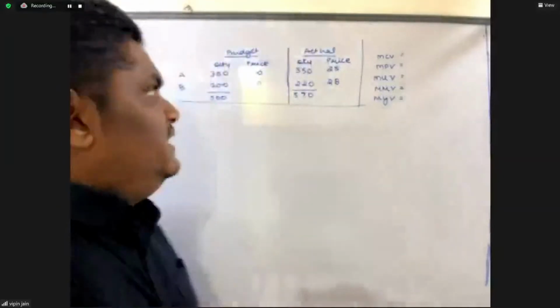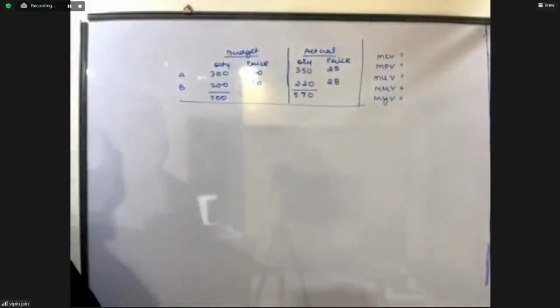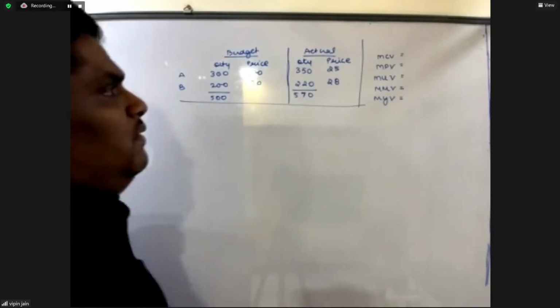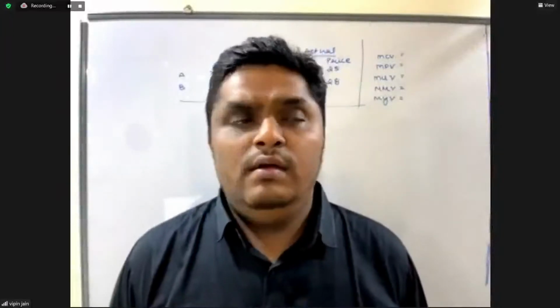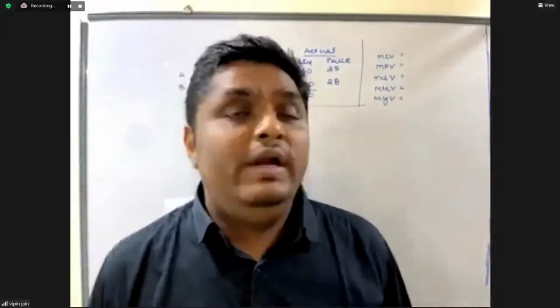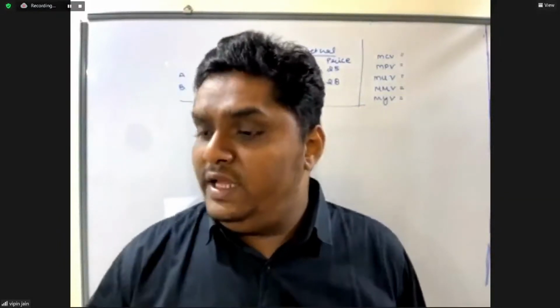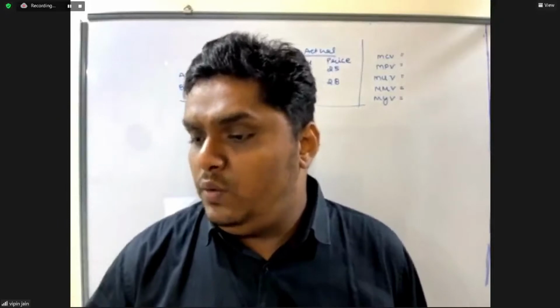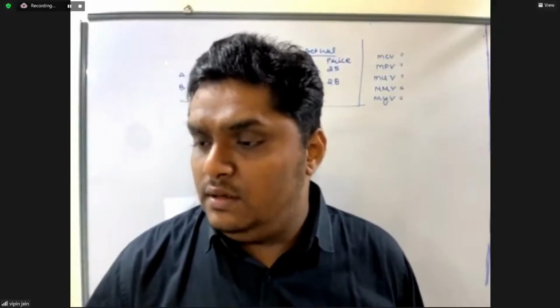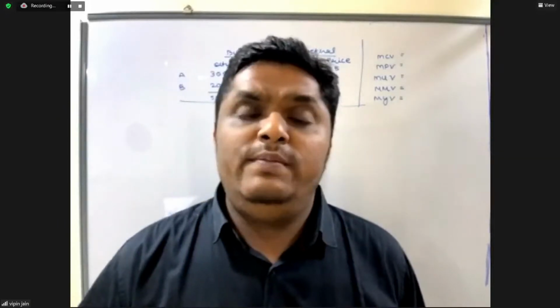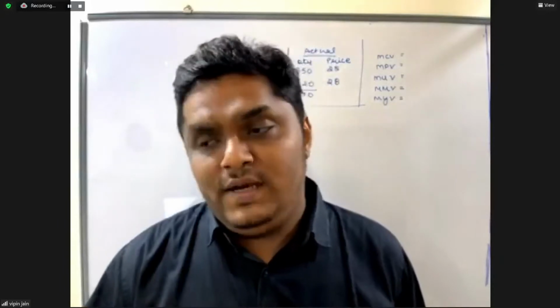This is the question as given. The budgeted data is given and actual data is given. Further, you guys have to calculate the material cost variance, price, usage, mix, and yield. So please post your answer. And again, don't take that much of time. Just try to solve it as fast as possible.